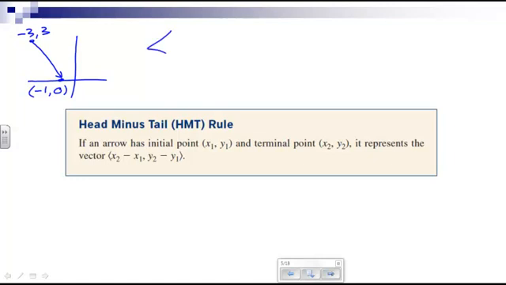We find the components by taking the x component of the head, in this case -1, and subtracting the x component of the tail, in this case -3. How do we find the y component of this vector? Well, we take the y component of the head, in this case 0, subtract the y component of the tail, in this case 3, and we end up getting 2, -3.